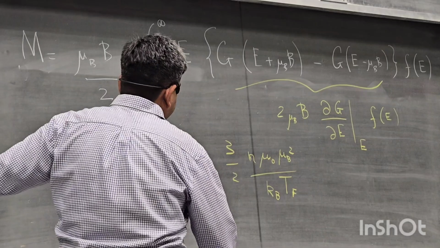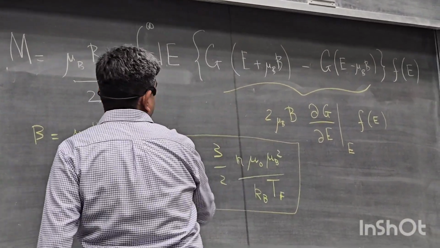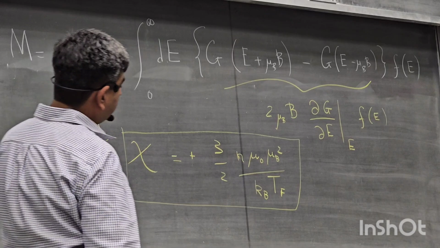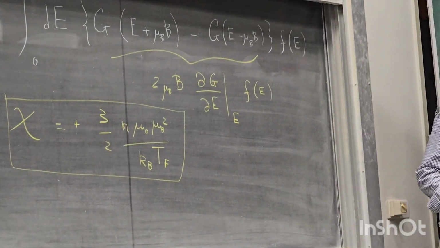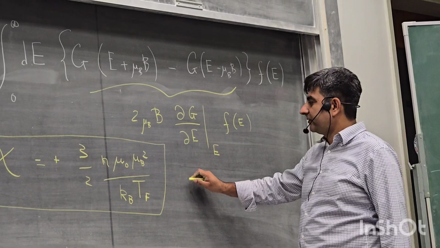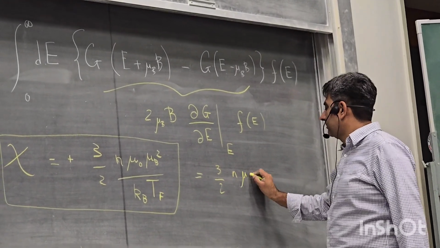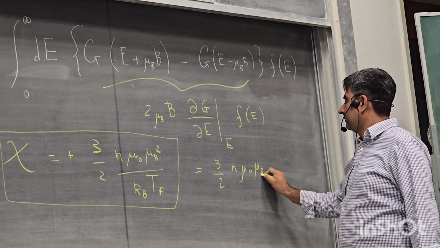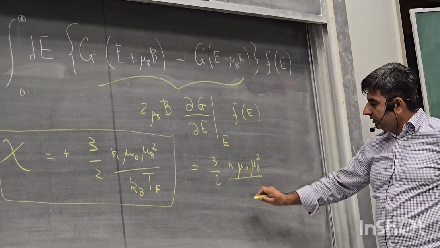Okay. We also know that kB TF is in fact the Fermi energy. So in the denominator we have the Fermi energy, and mu naught mu B square. kB TF is the Fermi energy, correct? EF.